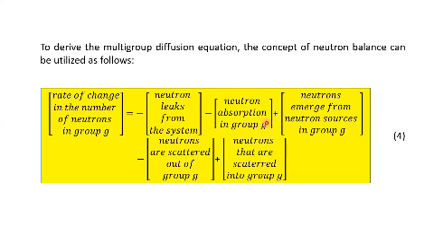Neutrons are absorbed by the material in the reactor core. And the third is a neutron in group G undergoing a nuclear scattering reaction, so its energy changes and it leaves the energy interval of group G.